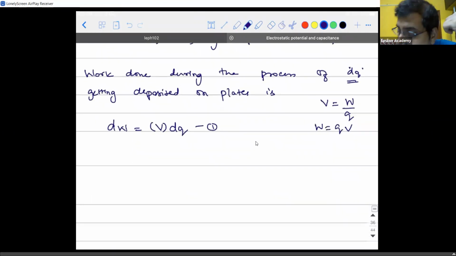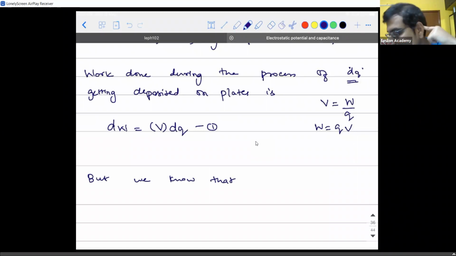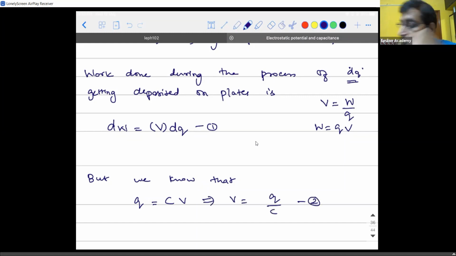But we know that, what is the relation between V, Q and C? We know that Q is equal to C multiplied with V. Accepted? Which implies V can be written as Q divided by C. Let this be equation number 2.